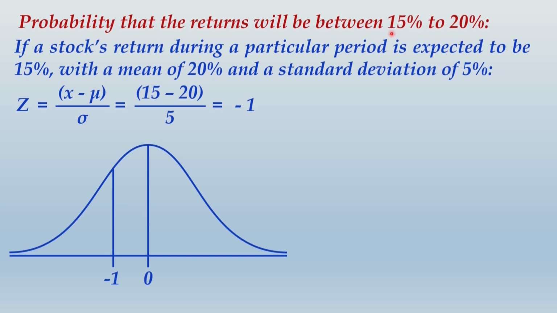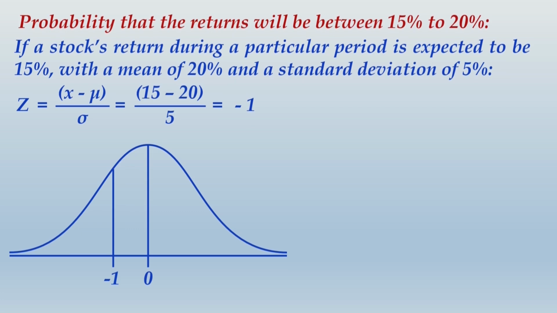And for returns to be 15%, the Z value is coming to -1. If the returns are expected to be between the range of 15% to 20%, it is obvious that the returns must be having their coverage between 0 and -1 within this area under normal curve.